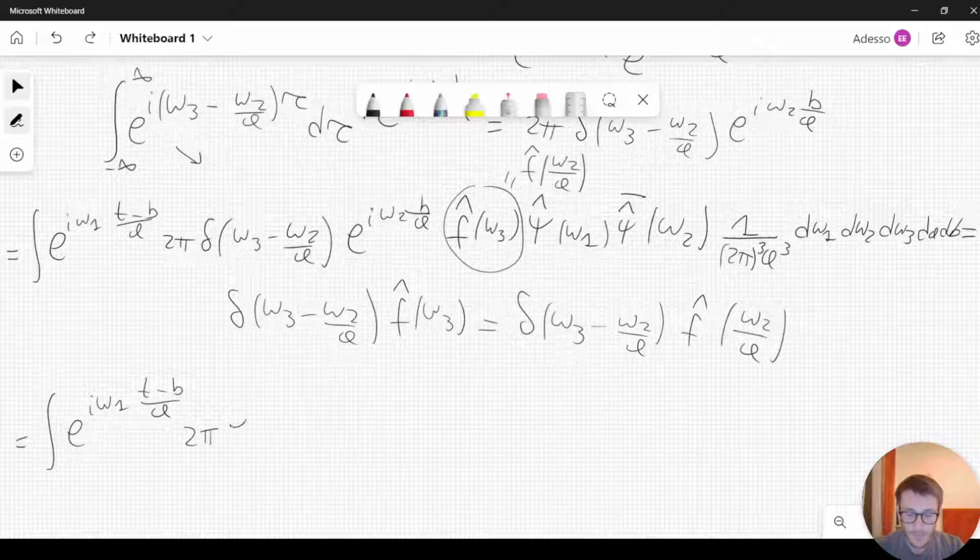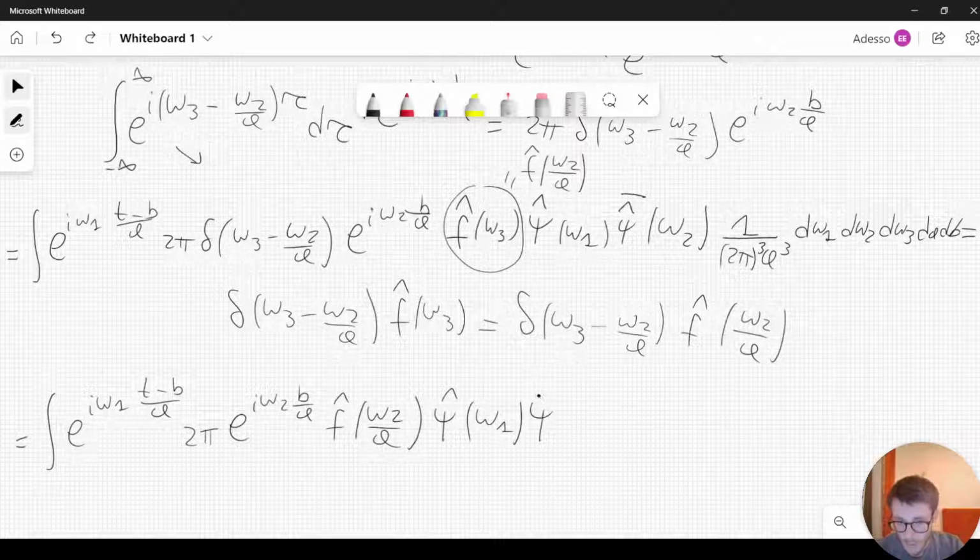And then I have e to the I omega 2b over a, f hat of omega 2 over a, psi hat of omega 1, psi hat bar of omega 2.